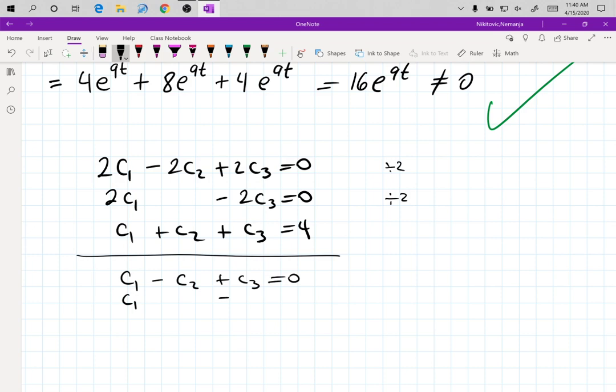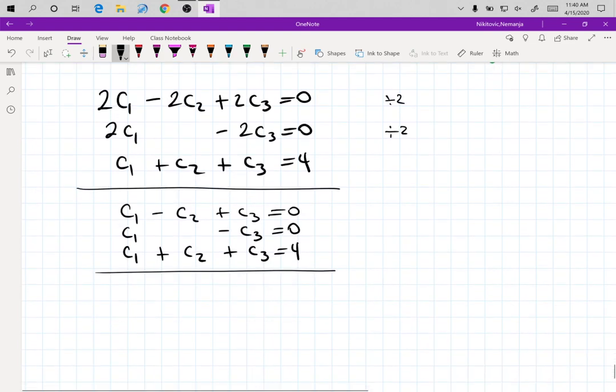C1 minus C3 equals 0. And C1 plus C2 plus C3 equals 4. And now solve this any way you know. You can add equations, subtract equations. Now we are already missing C2 in the second equation.